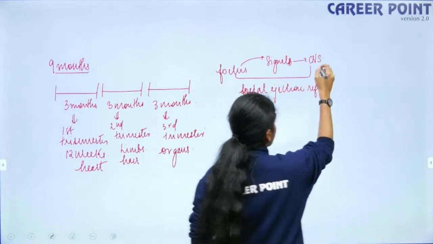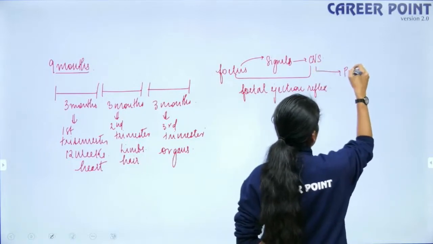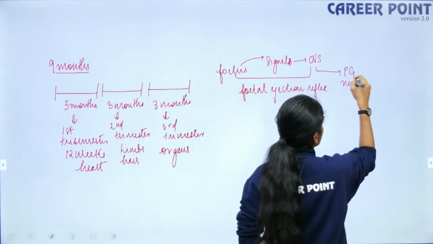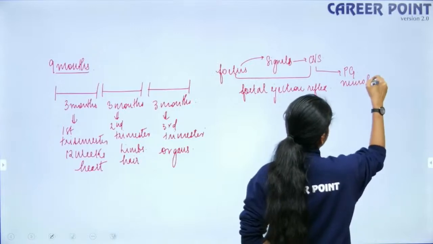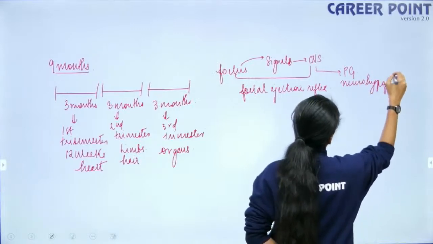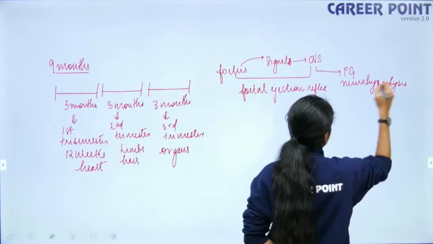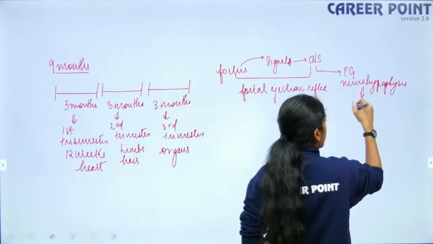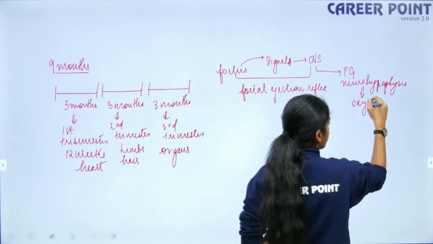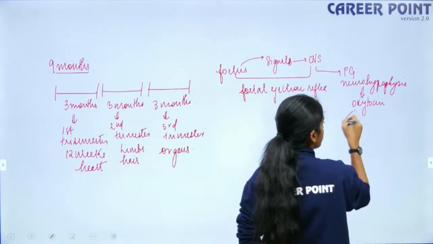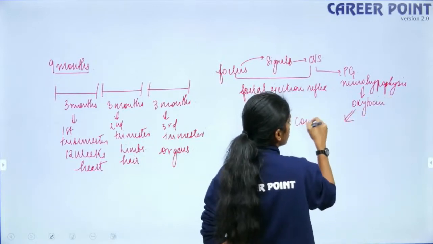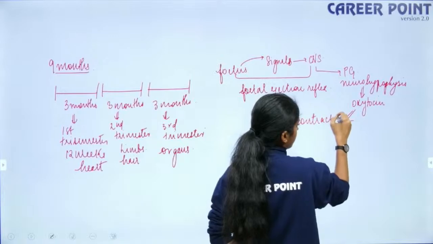Now your CNS in turn signals your pituitary gland, especially your neurohypophysis, to secrete what is known as oxytocin, because oxytocin helps in the contraction of the smooth muscles of the uterus.